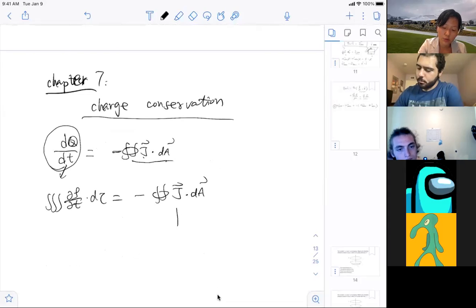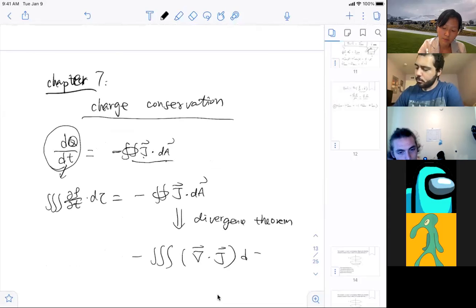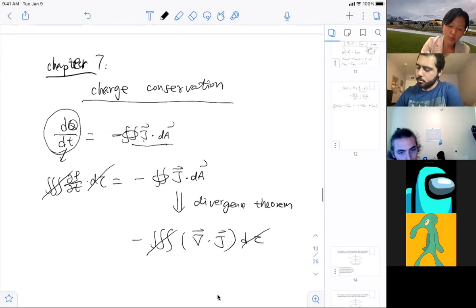And I'm going to rewrite this using the divergence theorem. That becomes the integral of the divergence of j times d tau. Now you can get rid of the d tau on both sides, and we get our charge conservation, which is d rho dt is equal to negative divergence of j. So that's charge conservation.